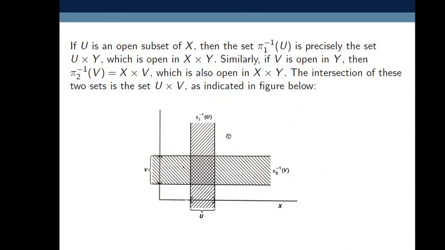This is indicated in the figure below. So this is V, this is U, and the intersection of these two sets is this rectangular region. Here is the X axis, here is the Y axis.